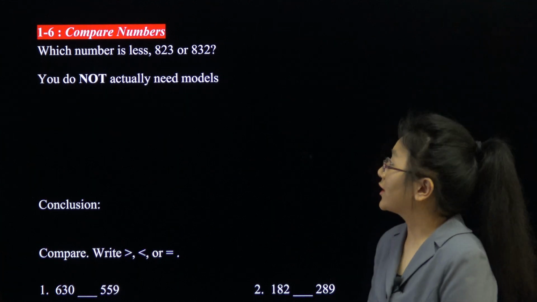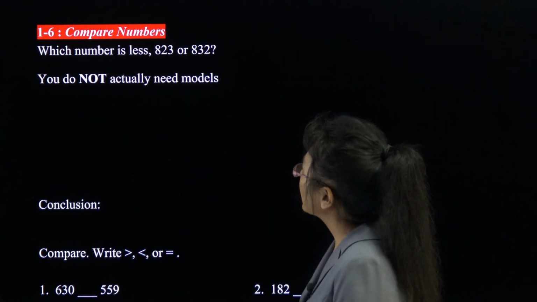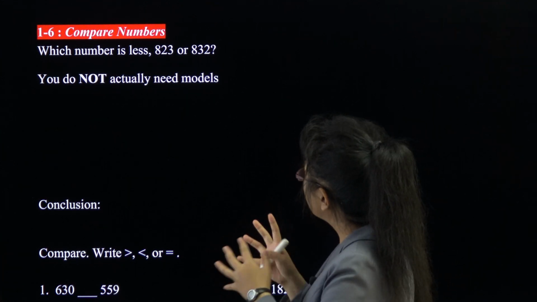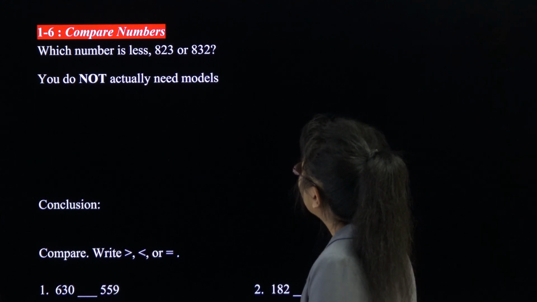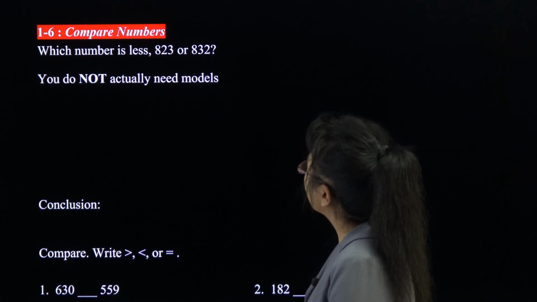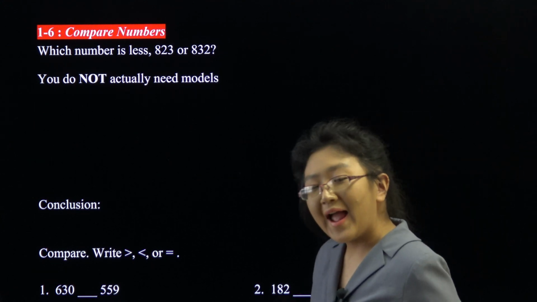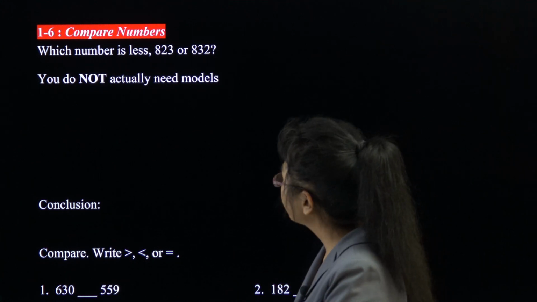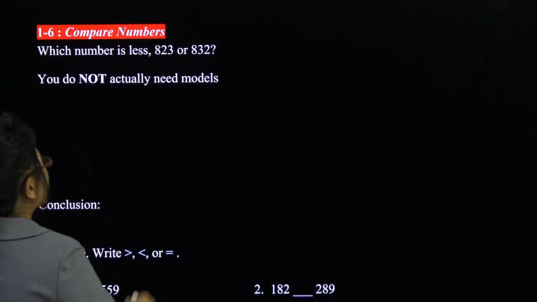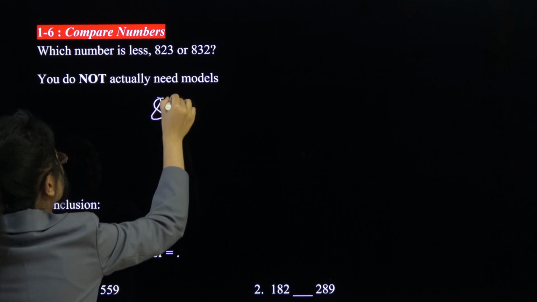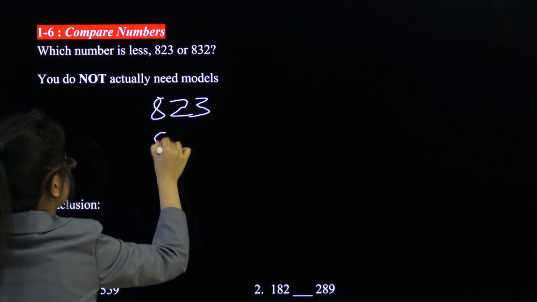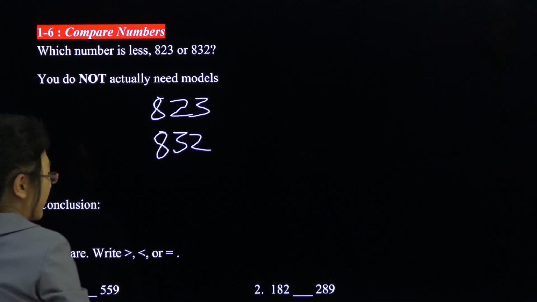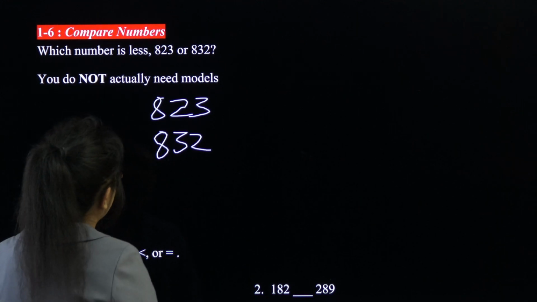We move on to comparing numbers, such as which is greater, which is less. Which number is less, 823 or 832? You do not actually need models as in the cubes and the blocks. This is how you would usually go about comparing numbers, or at least if you want to do it quickly, on a piece of paper, or in your head.